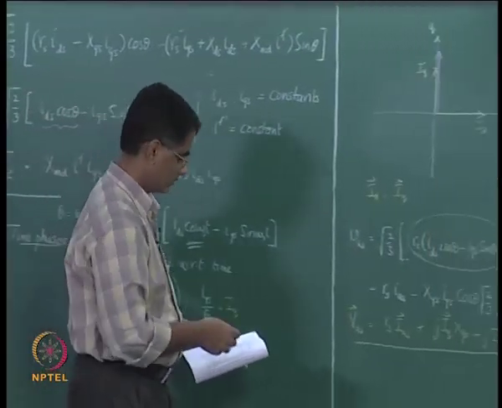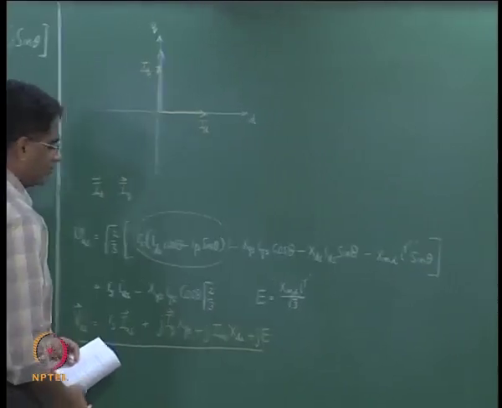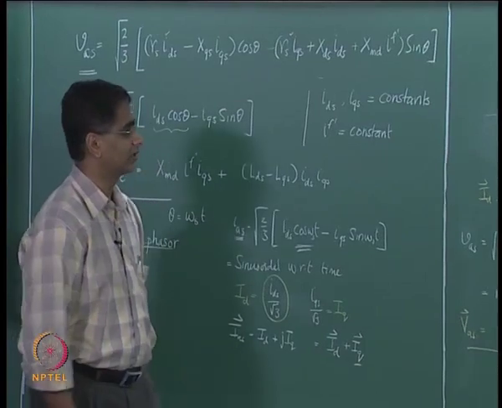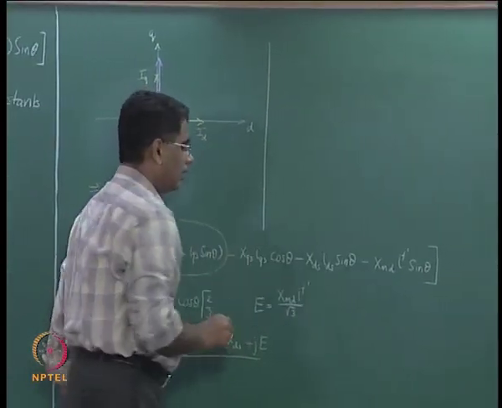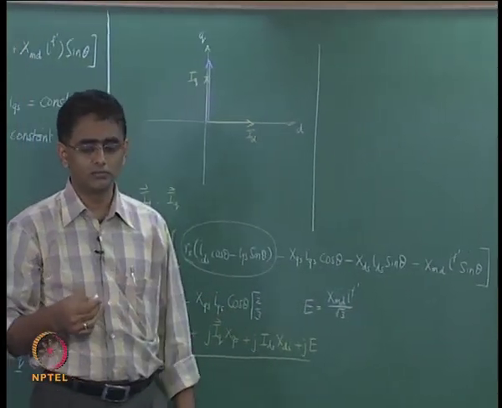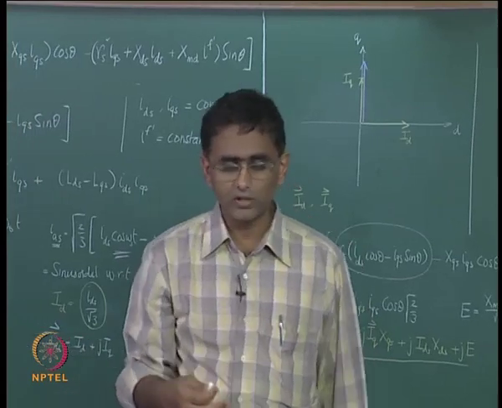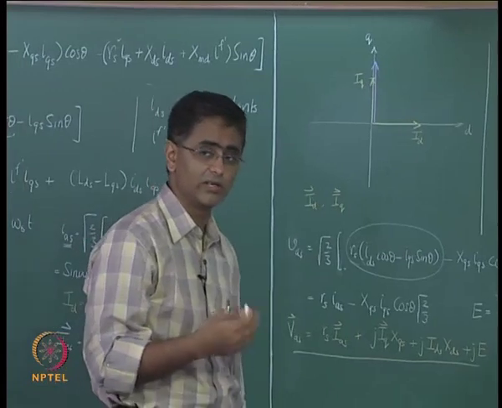We will do so in a moment, but before we get to the phasor diagram itself, we need to look at one more aspect. The synchronous machine, as in the case of any other machine, can be made to work as a motor, or it can be made to work in the generating mode.